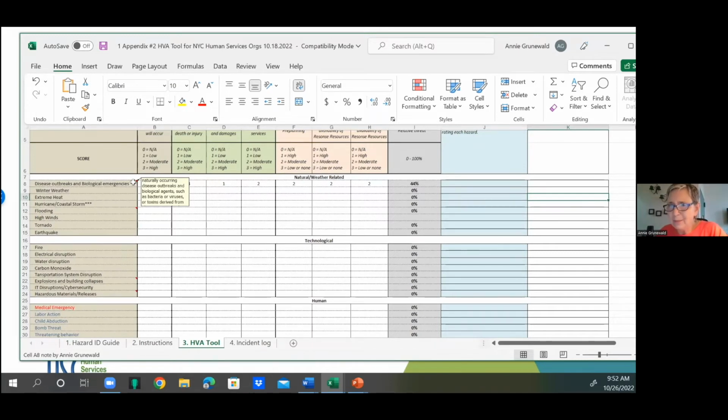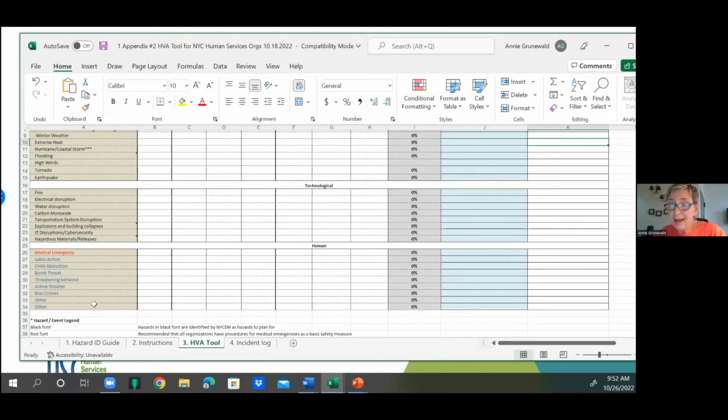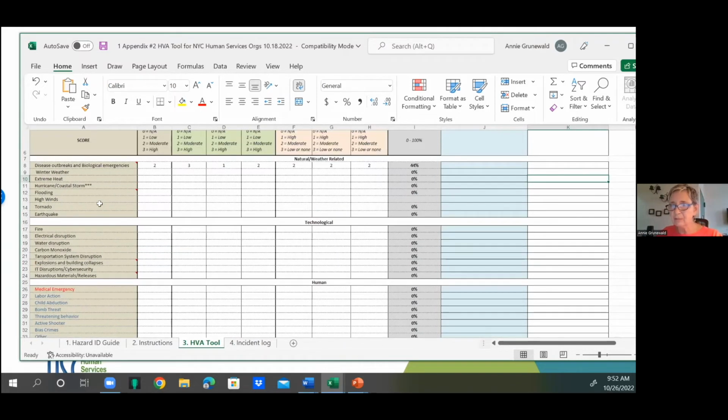So disease outbreaks, what does that mean? Naturally occurring disease outbreaks could be biological agents, different kinds of things. Flooding from rainwater, flash floods, a little more information. When you have other hazards and you put your hazards here, you can also add a note there to clarify a little more about what you mean by that hazard.